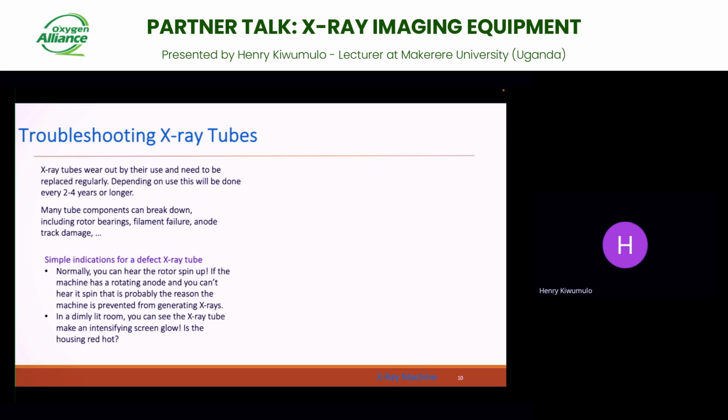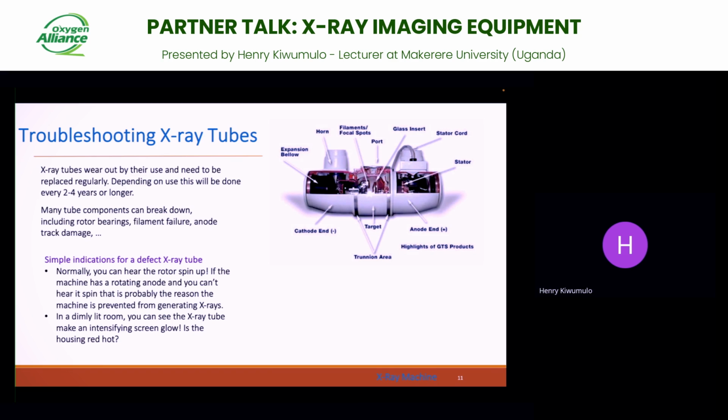Sometimes when you expose, especially in a dimly lit room, you can see the intensifying screen glowing. If you don't see that, it can tell you that this tube is probably not doing its function. And then the heating: if the housing gets red hot or too hot after a short time, which is unusual, that can also indicate a problem or a defect with the X-ray tube.